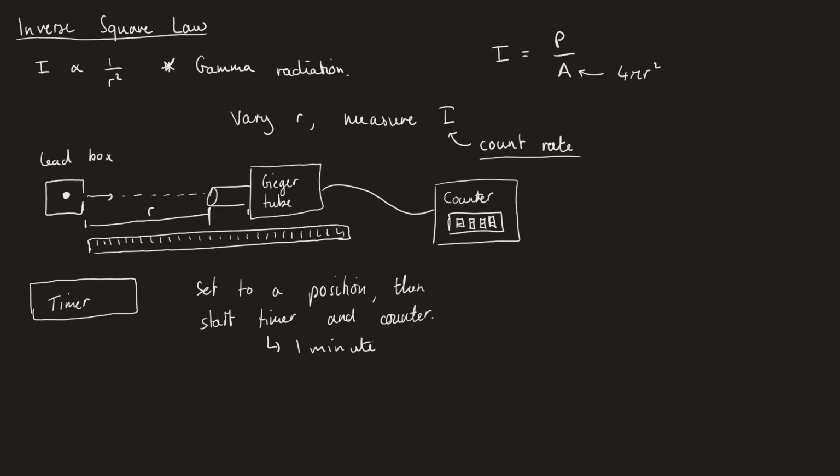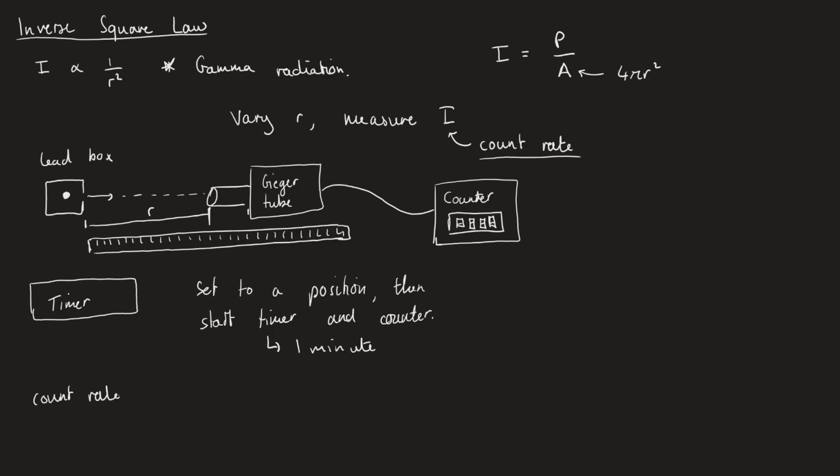And so we leave this in each position for 1 minute, and we take the amount of counts, or the display that the counter gives. We read that amount for each position. Then we need to convert from the counts to the count rate.